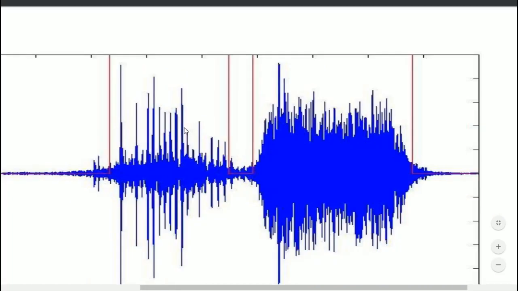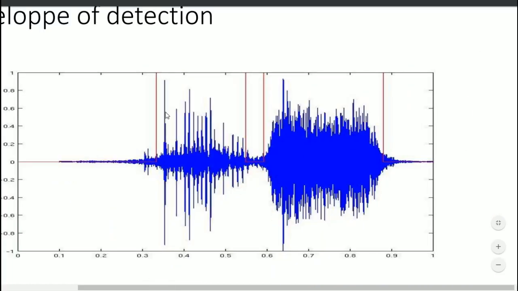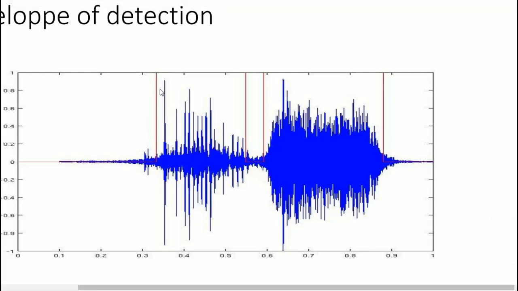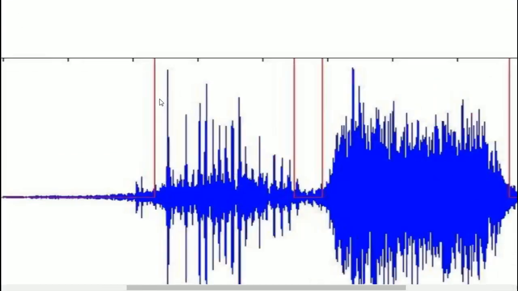So once again, I repeat that it's 1 whenever 1% of the interval minus 10 seconds, minus 19 milliseconds plus 19 milliseconds is 1% of values that are over the moyenne haute, so the mean.